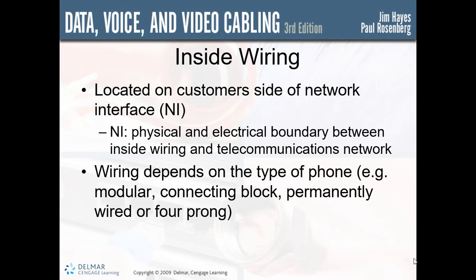The inside wiring is all telephone wire that is inside a telephone company's customer's premises and is located on the customer side of what we call the NI, or the network interface. The wiring depends on the type of phone or modular connecting block that will be permanently wired, or a 4-prong type plug.